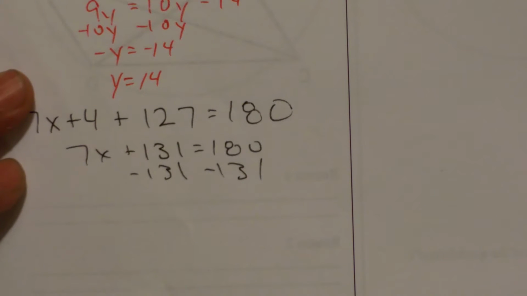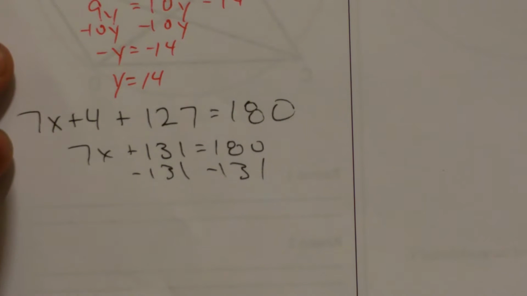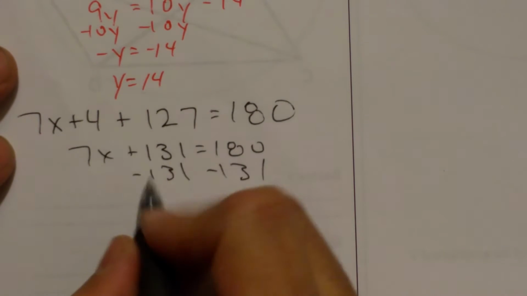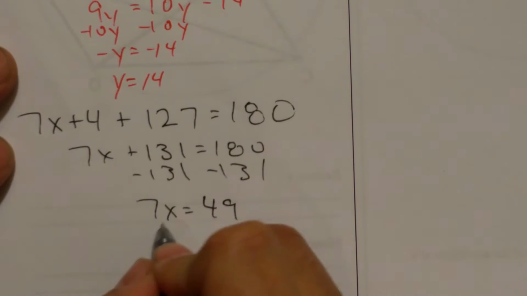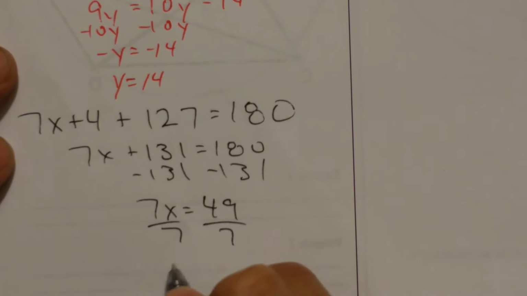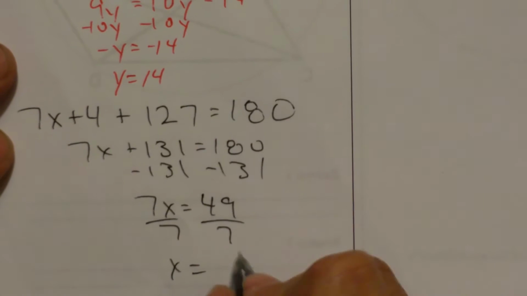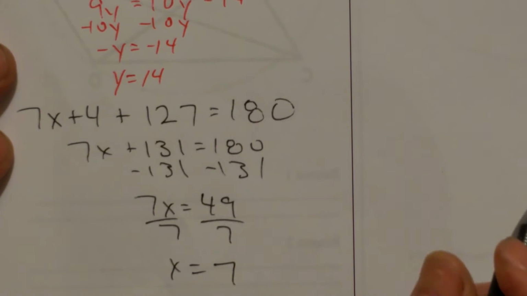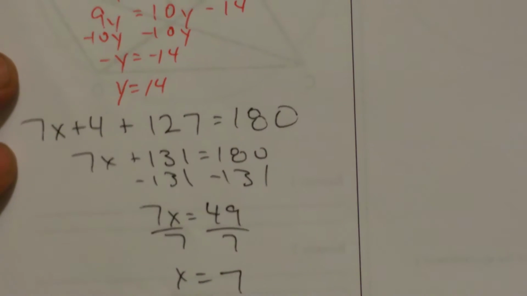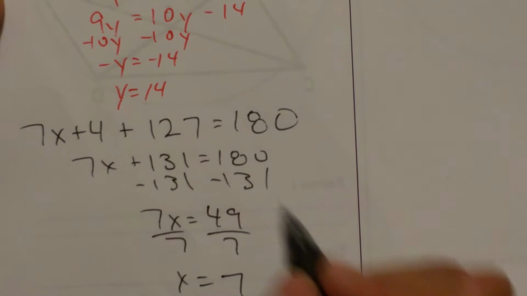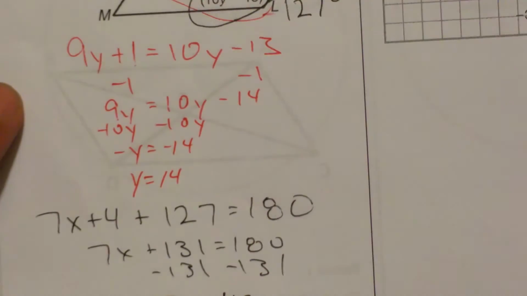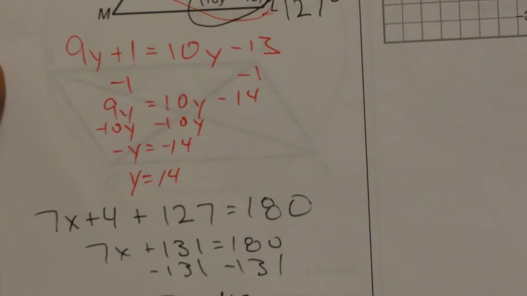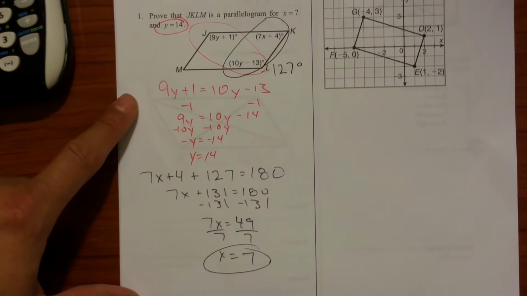So let's see, 180 minus 131 gives me 49. So 7x is 49. Divide both sides by 7. X is 7. So by doing that, I was able to prove x is 7 and y is 14. Here, I'll back it up for you right there.